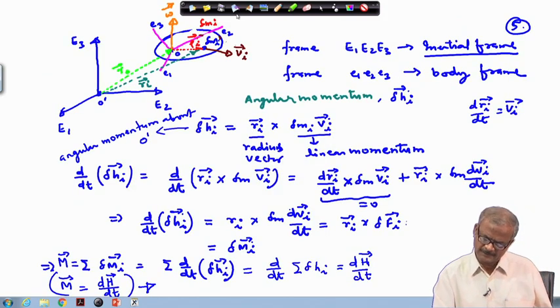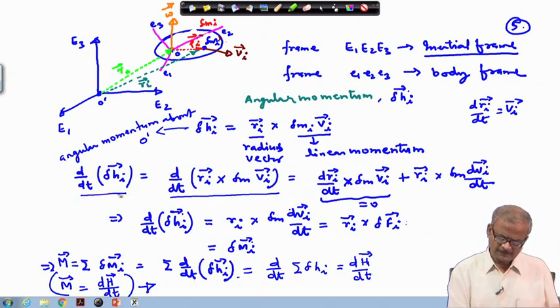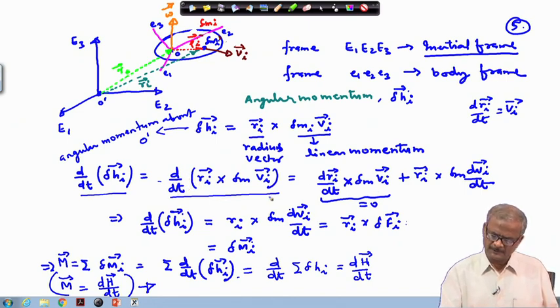Look here, somewhere we have done that. If we sum over this one, the summation will go inside, and d by dt you can take outside. So, this particular equation we are choosing and using here.